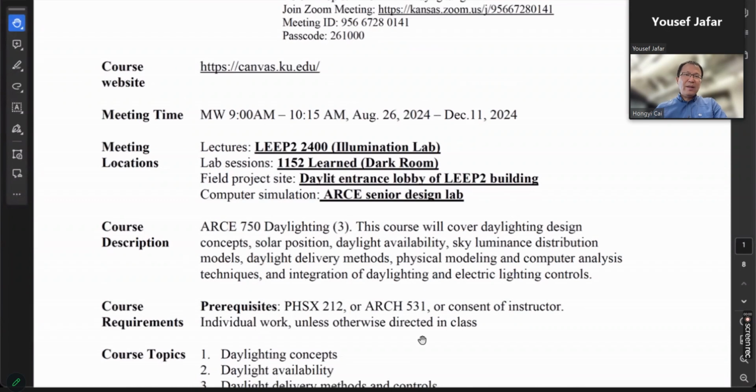Okay, right. If I agree to let you take this class with me online, it might be challenging for you to take it online. This is not a 100% online course. We have a lot of hands-on work. We have field measurements and laboratory work.